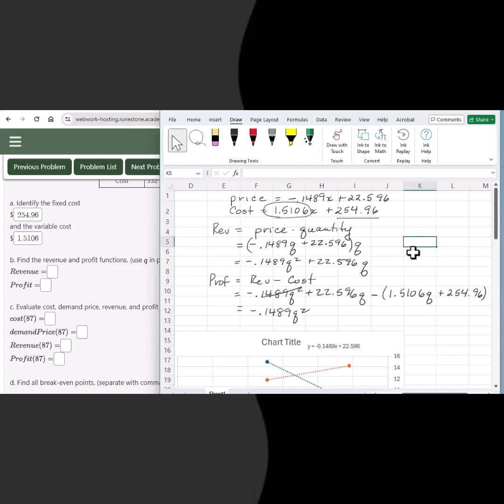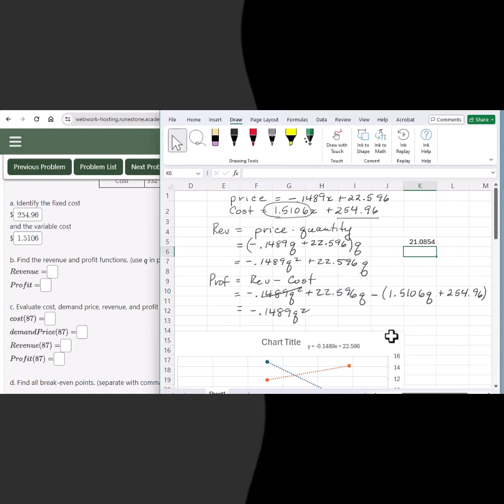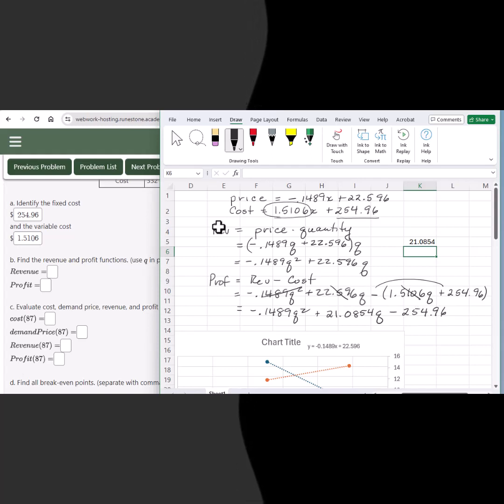Figure that out. 22.596 take away 1.5106 is 21.0854 q. And then this will distribute through and make negative 254.96. Okay, that's a profit function and revenue function.